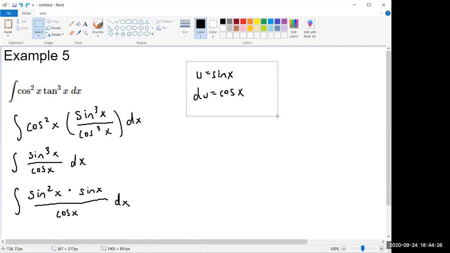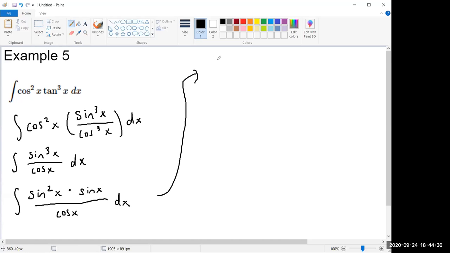So if we were to rewrite sine squared of x in terms of cosine, then we would have 1 minus cosine square root of x times sine of x over cosine x dx. So does everyone see where this question is going now? You can actually just do your u substitution now.